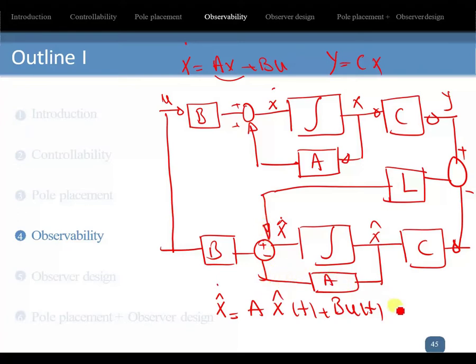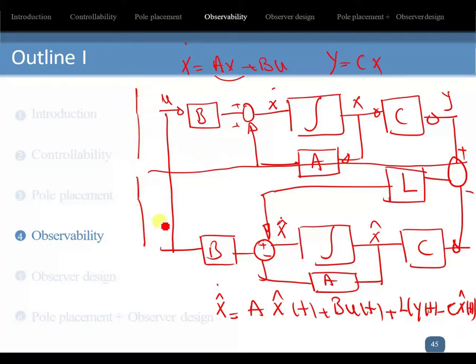I can add this one, plus L times (y(t) minus C x hat(t)). This part is my system. This part is my observer, or estimation of my x.